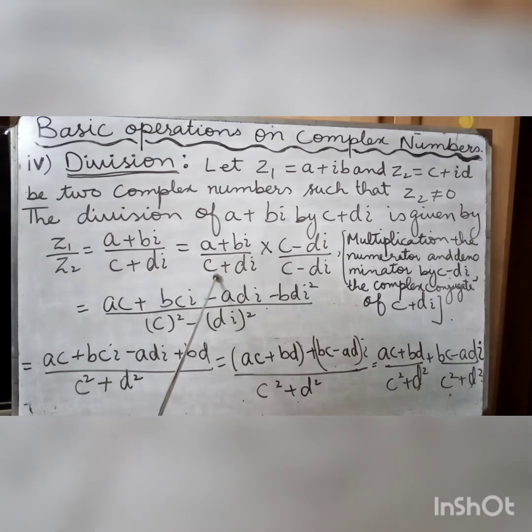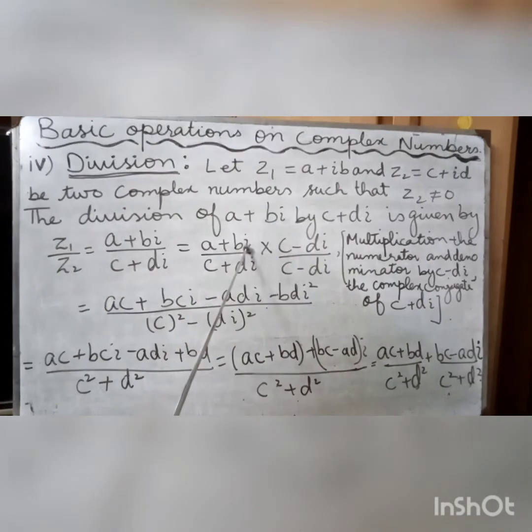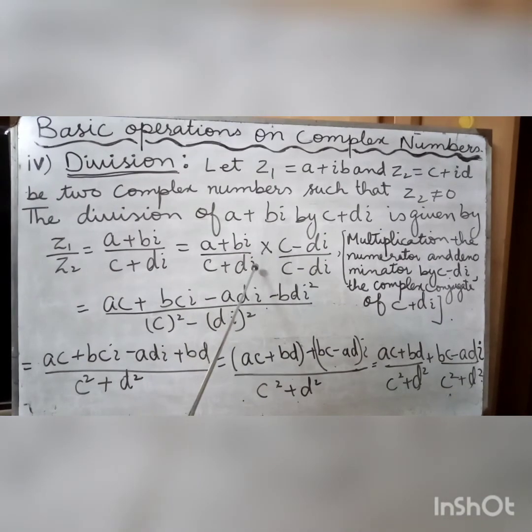Now we take the conjugate of the denominator and multiply both numerator and denominator by it, such that (a + ib)/(c + id) multiplied by (c - id)/(c - id).